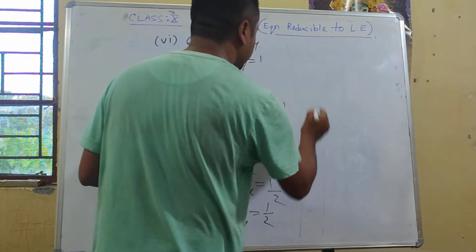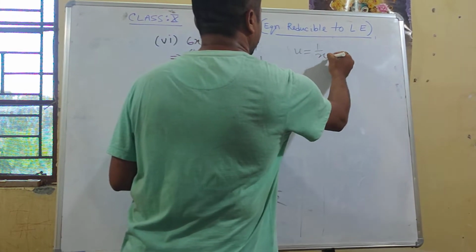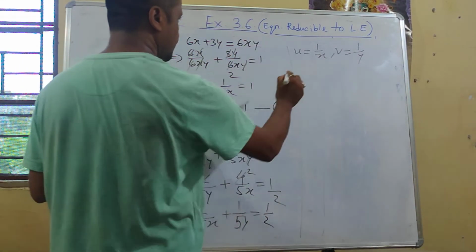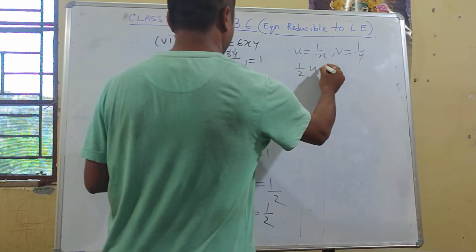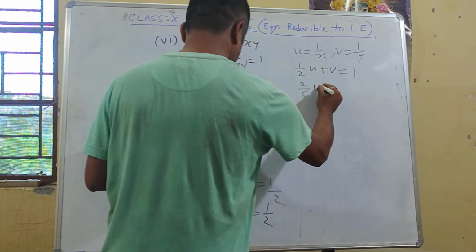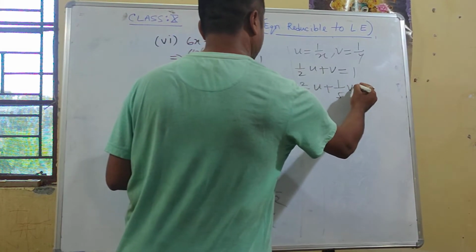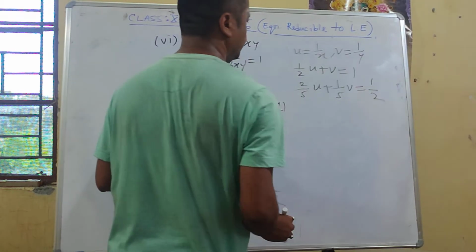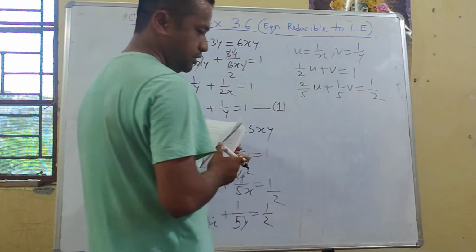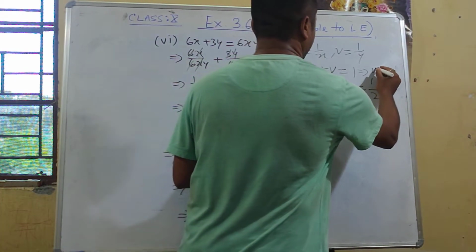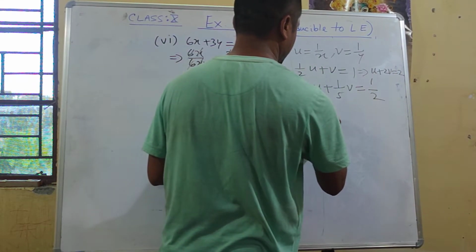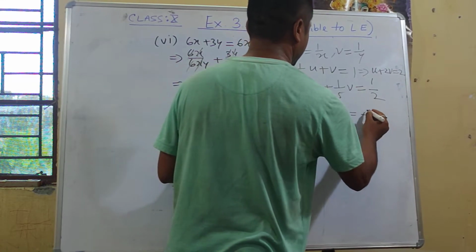So after simplification, suppose u is equal to 1 by x and v is equal to 1 by y. And this becomes half u plus v is equal to 1 and 2 by 5 u plus 1 by 5 v is equal to half. So these are two linear equations. This is u plus 2v is equal to 2, and this is 2u plus v is equal to 5 by 2.